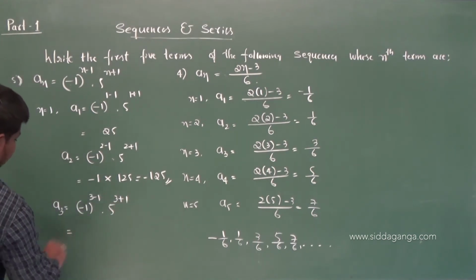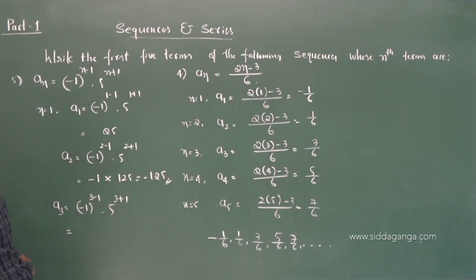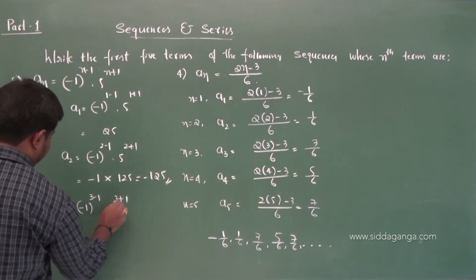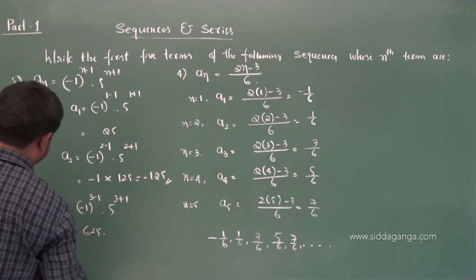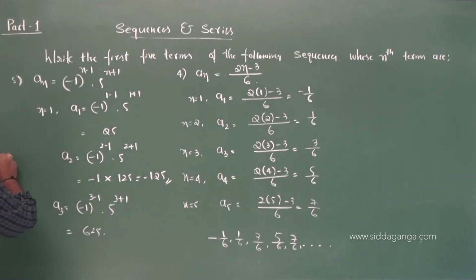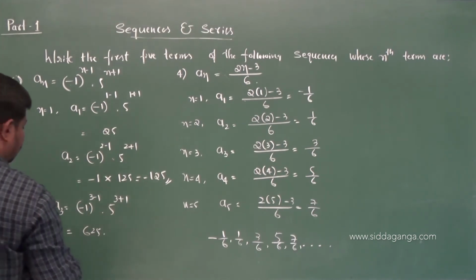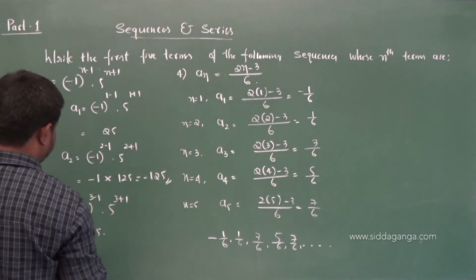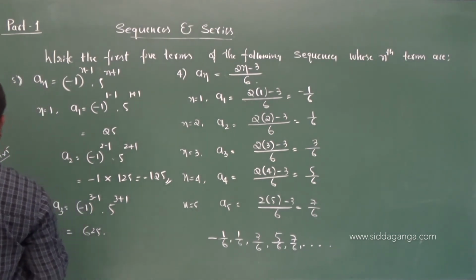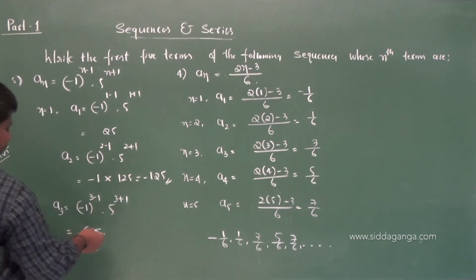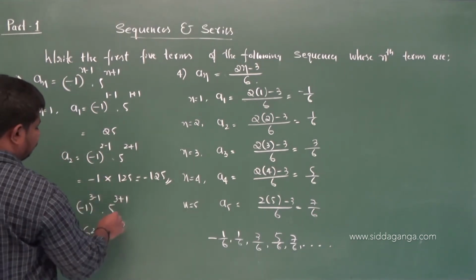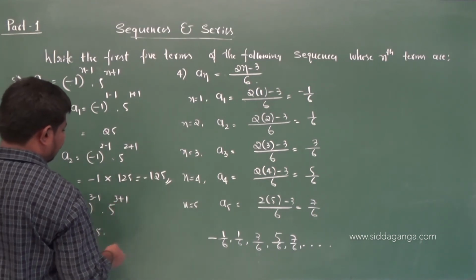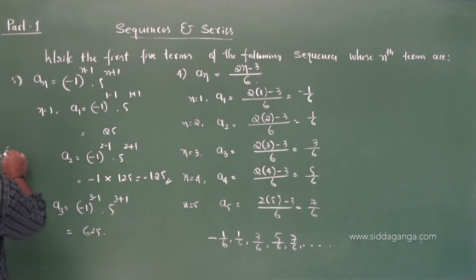Now this is minus 1 power of 2, you mean plus 1, into 5 power of 4. 5 power of 4 is 625. 5 power 4 in the sense 5 is multiplied 4 times, 5 into 5 into 5 into 5. 5 fives are 25, 25 fives are 125, 125 fives are 625.